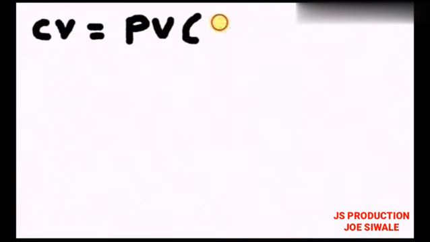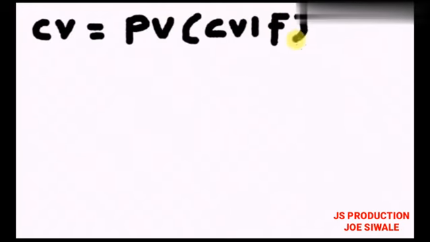So I'll say compound value is equal to the present value multiplied by the compound value interest factor. Then I'll divide both sides by the present value.